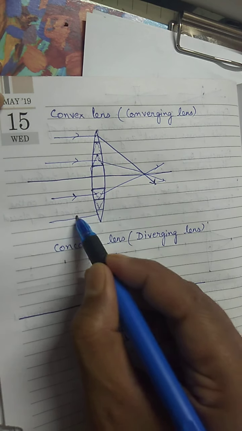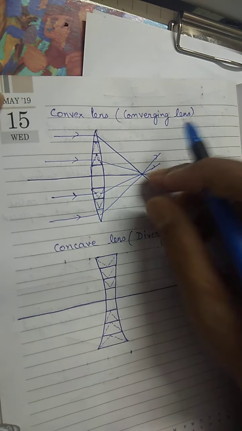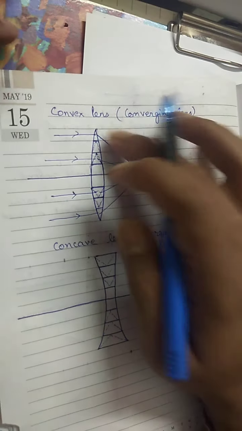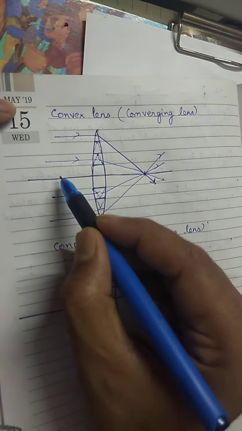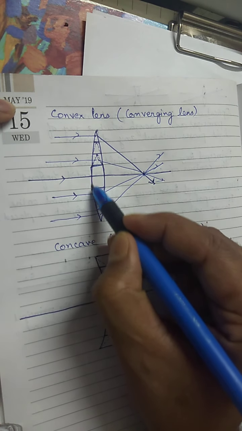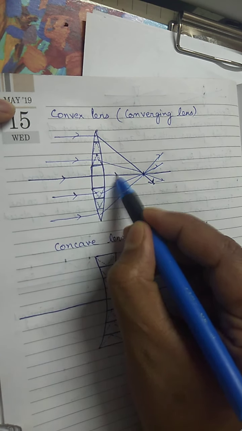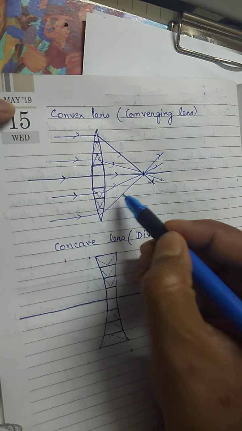Similarly for this part, it will go in the upward direction. So all the rays will come and meet at a point, so we can say that convex lens is a converging lens. And the ray passing through the principal axis, we can consider this to be a rectangular glass slab. So the ray coming normally will pass without any kind of deviation.